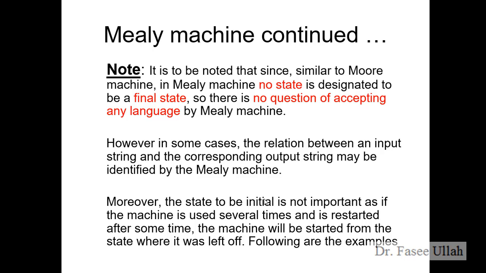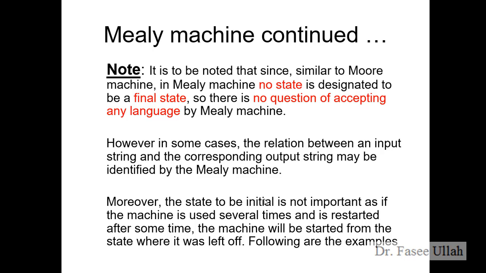So there is no question of accepting any language by the Mealy machine. However, in some cases, the relation between an input string and the corresponding output string may be identified by a Mealy machine. What does it mean? It means sometimes we have to give the output from the given input scenario. So this is an important thing.